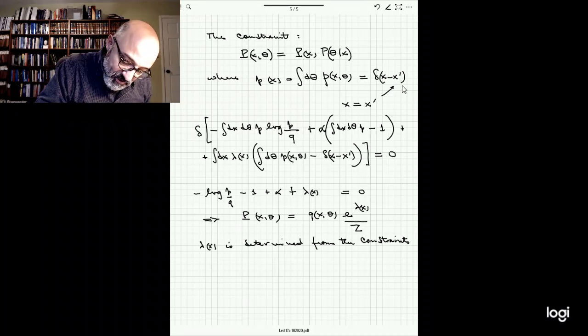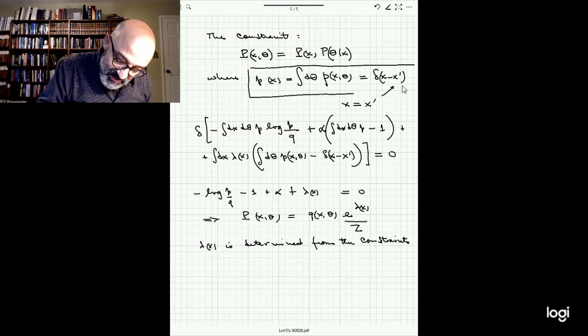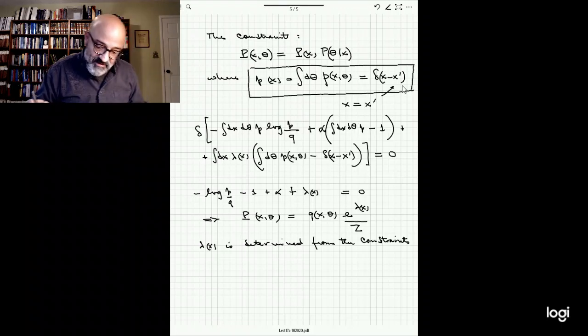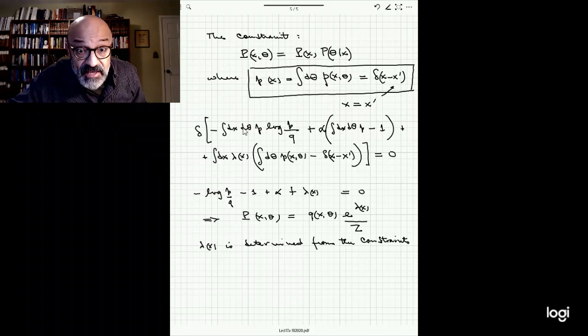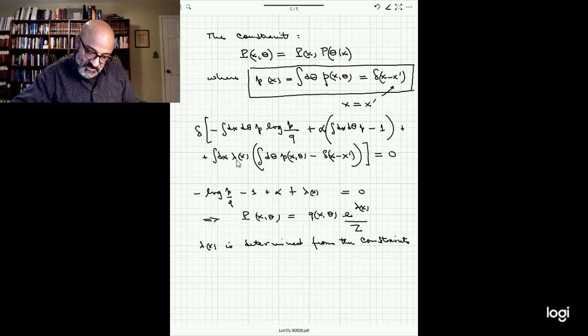So let me just box it, because this is what makes the ME method reproduce Bayes' theorem, in addition to the entropy being in the space x theta, okay? So it's determined from the constraints.